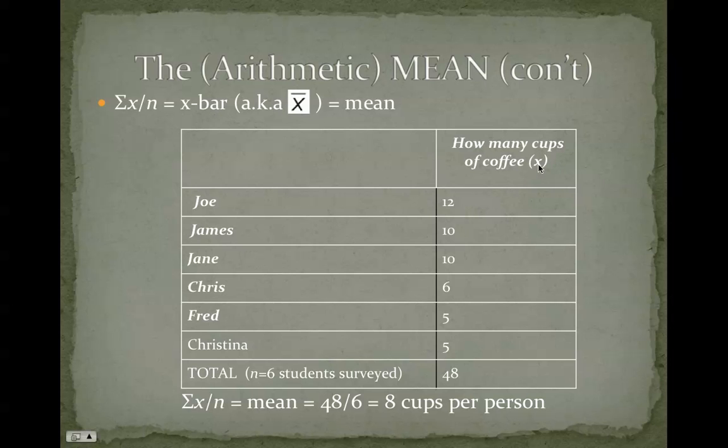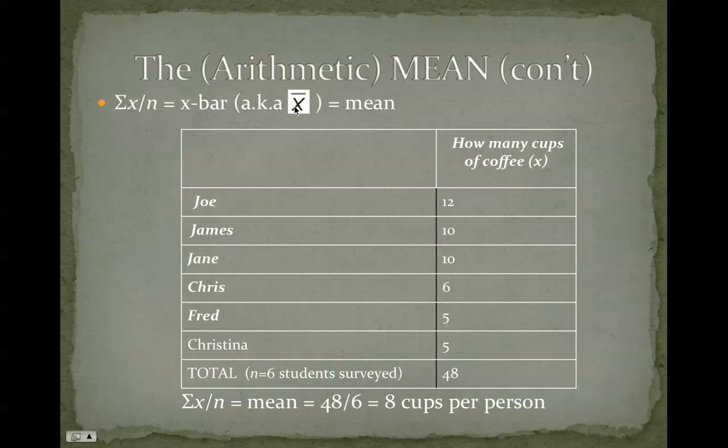So if I assigned, instead of x to the number of cups of coffee, the letter, I don't know, D as in dog, I said, how many cups of coffee, parentheses D, instead of x, this would not be x bar here, it would be d bar. So anything with a bar over the letter is simply asking you for the average of the letter underneath it.